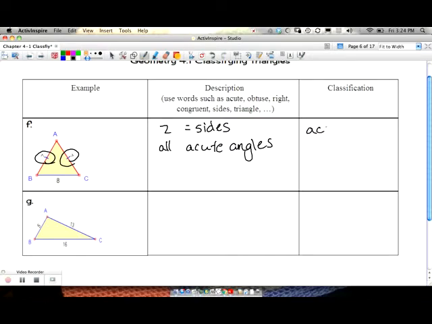But because I have two equal sides, we have a word for that. It's isosceles. And if you didn't know how I just said that, think of it like this. I saw sillies. Isosceles.